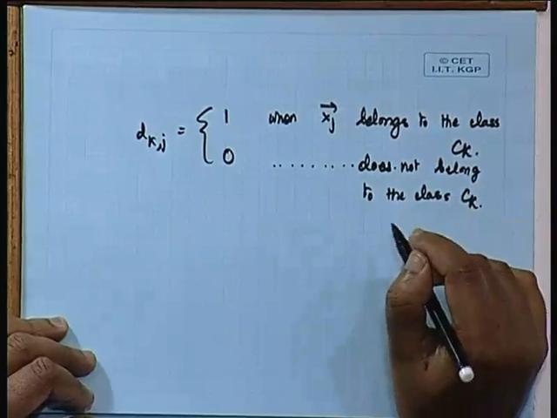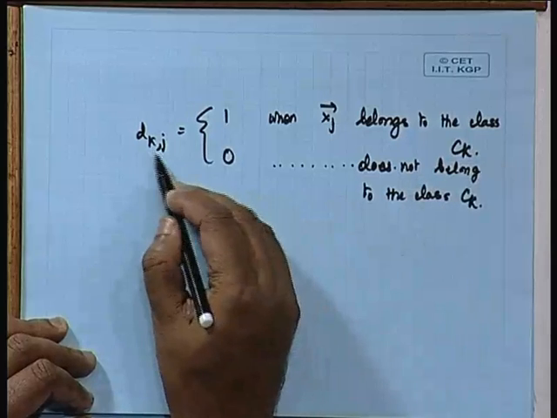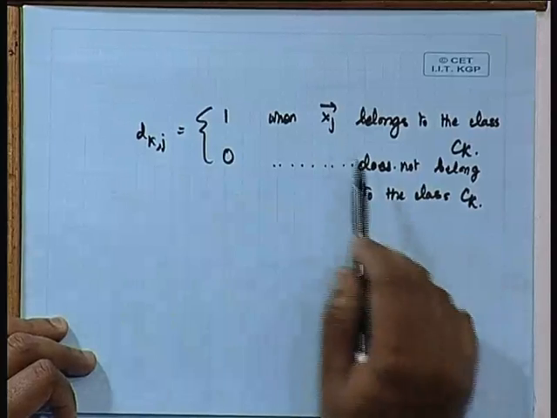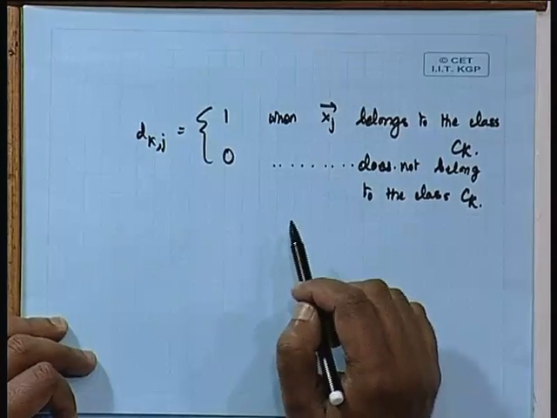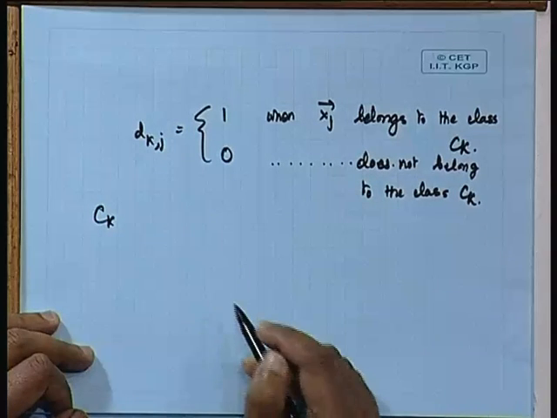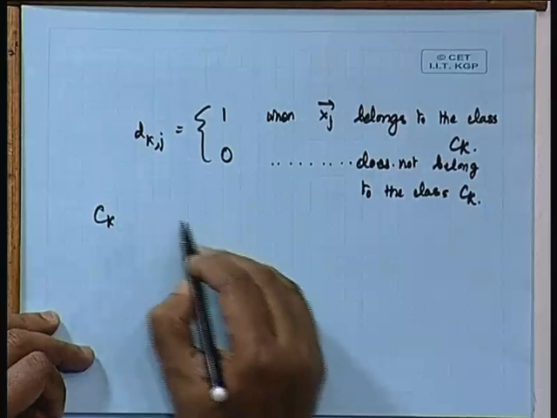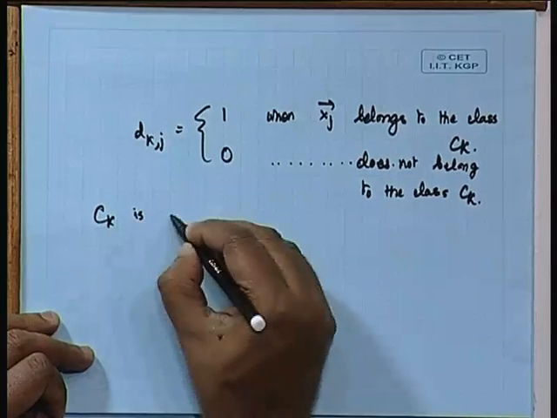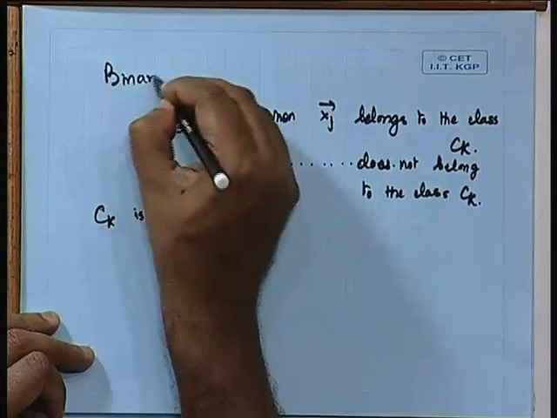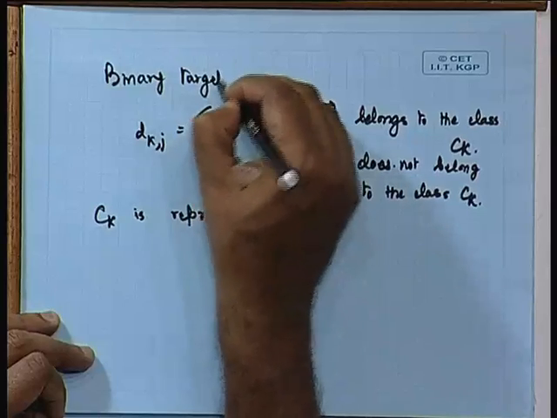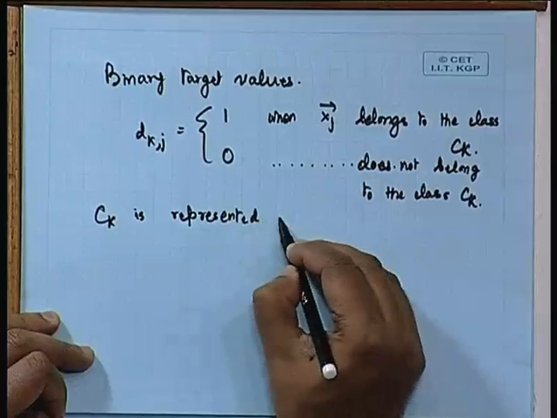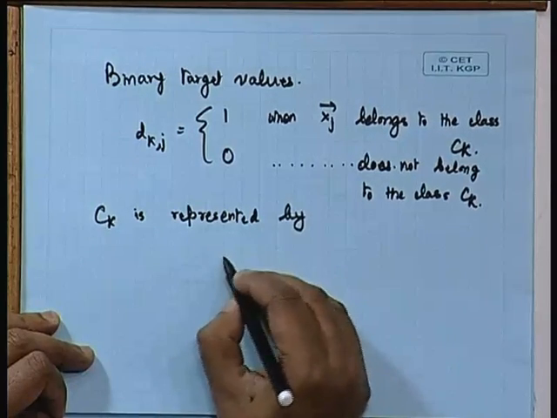And why class Ck? Because we are considering the kth classification, and that is why we are taking dkj. So, the kth classifier will have this kind of a distinct thing, so that the class output is represented by an m dimensional target vector.